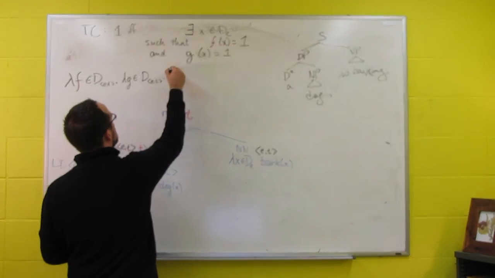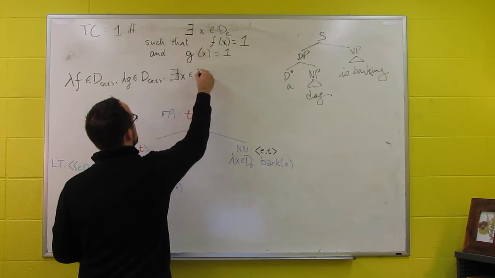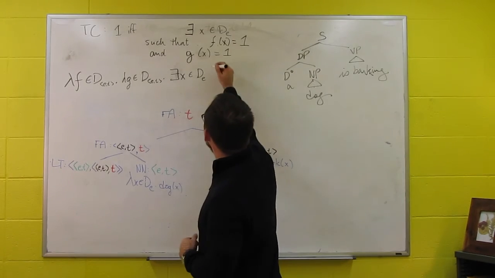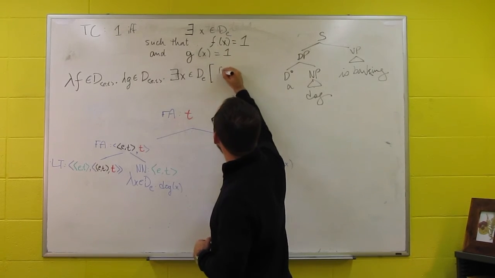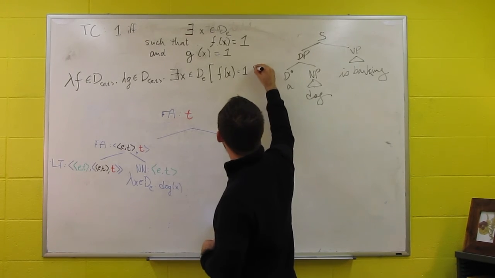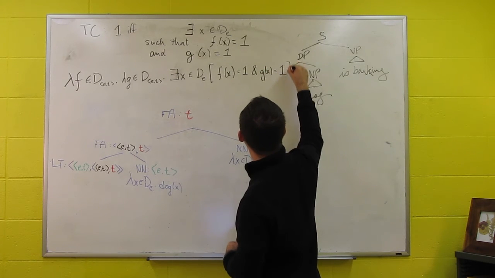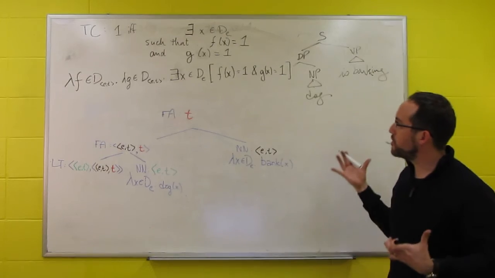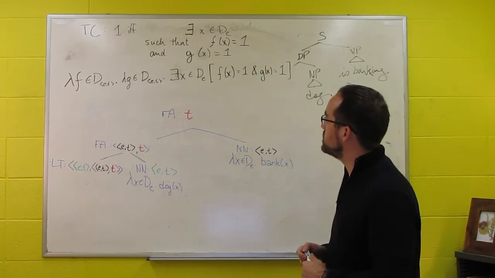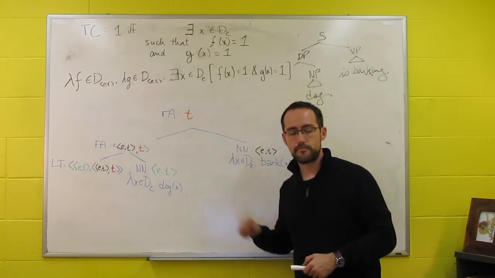So we say there is an x in d sub E such that f of x equals 1 and g of x equals 1. And so we get the meaning of "a" in that sense. And that works out. And it doesn't matter what f is and what g is.